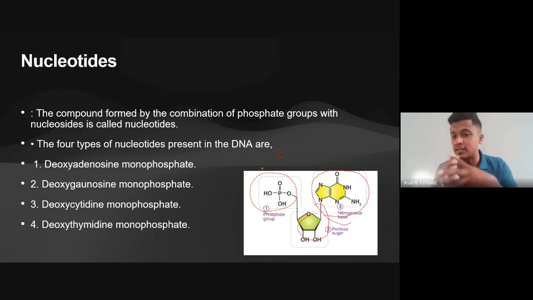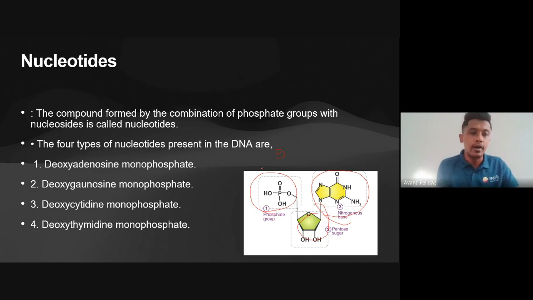Once the phosphate group gets attached, through what linkage? Through phosphoester linkage. Remember this. Now this combination of these three compounds will result in a nucleotide. Again, the chemical composition changes.